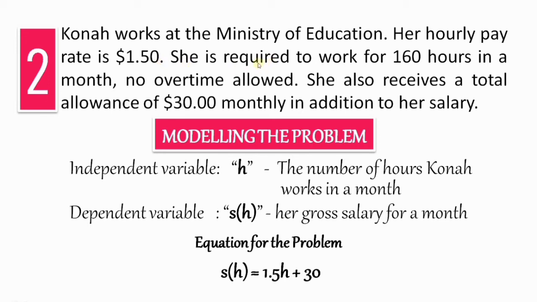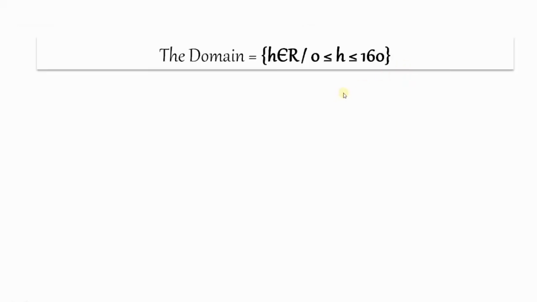That's a possibility. So we say the domain is 0 less than or equal to H less than or equal to 160. So we say the domain is H is a set of all real numbers such that 0 is less than or equal to H less than or equal to 160.